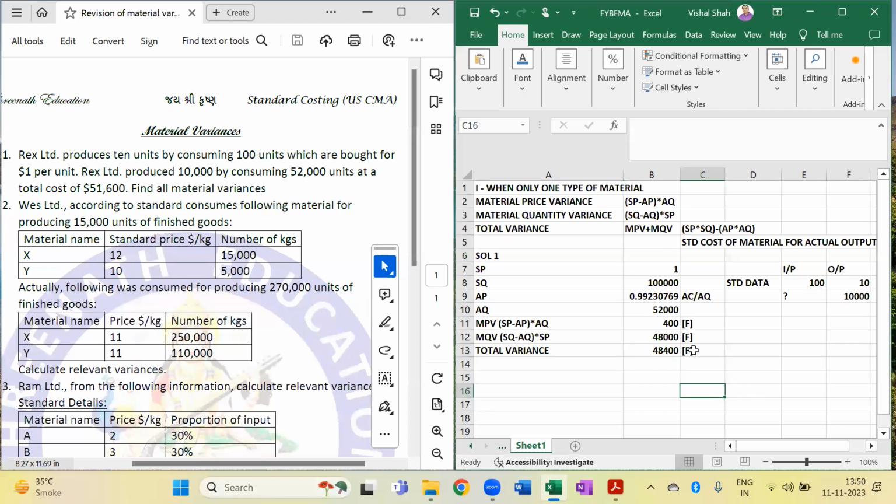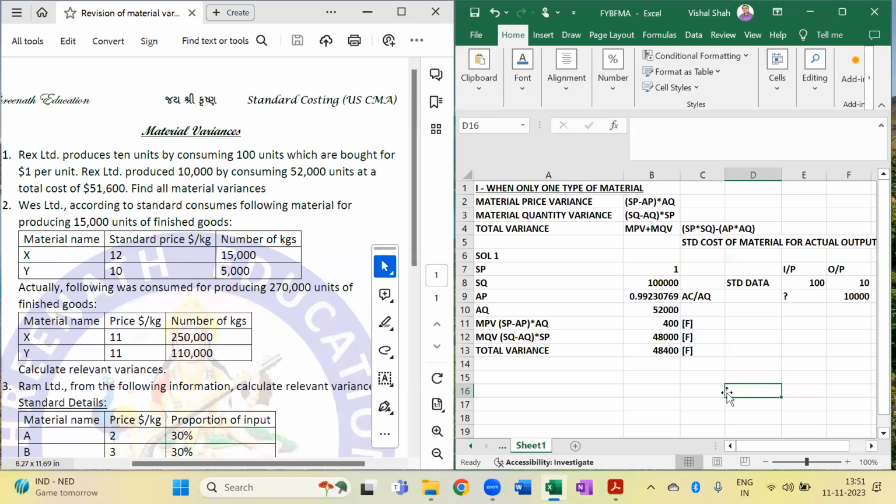This is the entire sum number 1. Very clear, all of you? Any student having any query? You can ask me. Always remember, be confident.